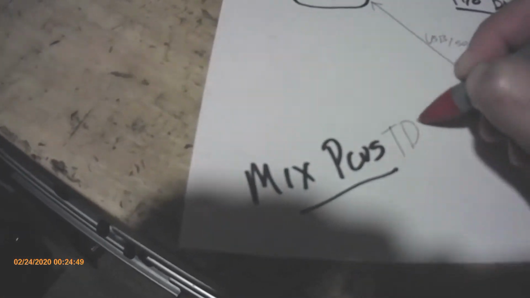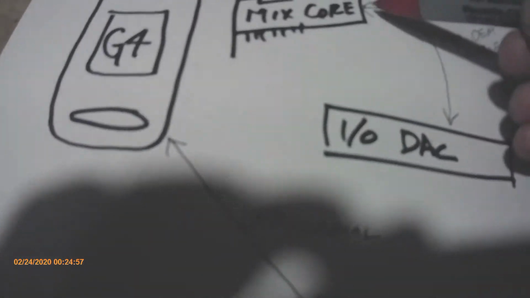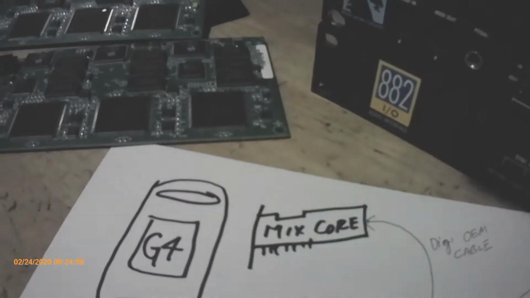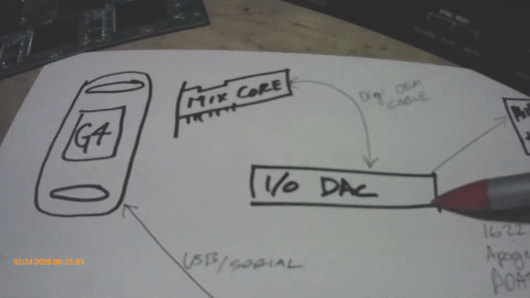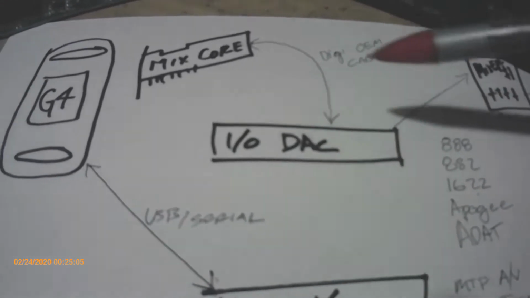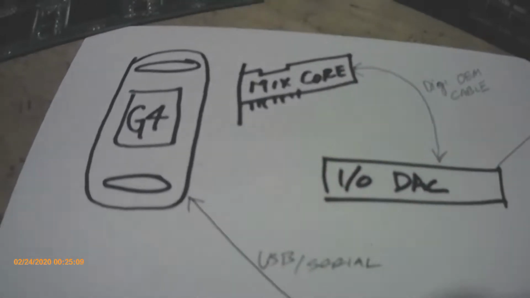My build would be to have a nice Mix Plus TDM system. You'd want a G4 of any blend, because the load is carried by your mix core card. You can add more cards, we can discuss that later. And then 1 or 2 DACs, which are going to give you 8 channels or 16 channels a piece or combined.